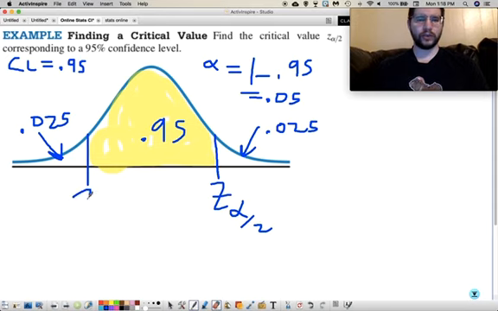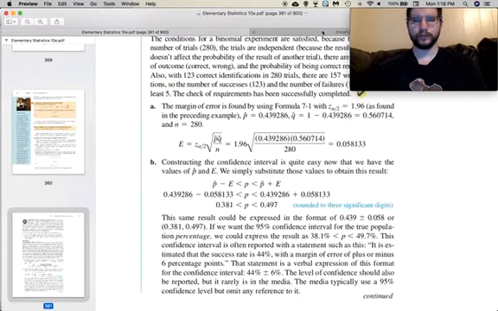Now these z-scores are going to be the same value. Just one's going to be positive, one's going to be negative. Let's look it up. So I want 0.025 to be to the left of my negative z-score. So let's look on our chart first.